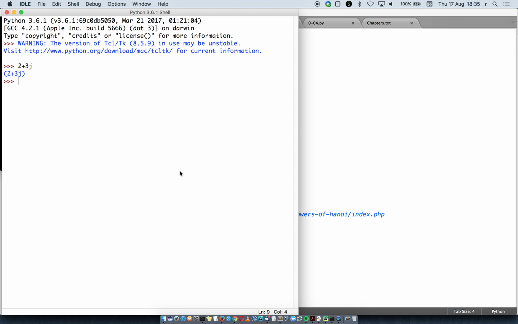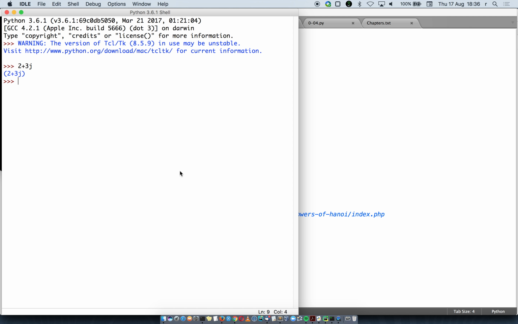The typical notation for the square root of -1 is i, but engineers don't like to use i for it because they typically use it for electrical current, the intensity of the current, so they like to use j for the square root of -1.